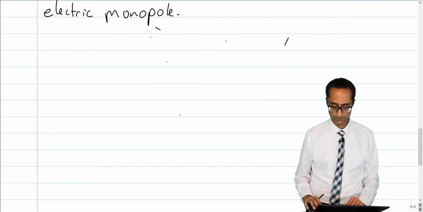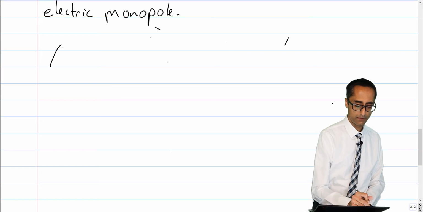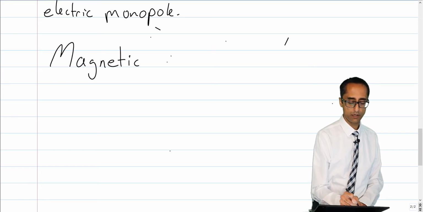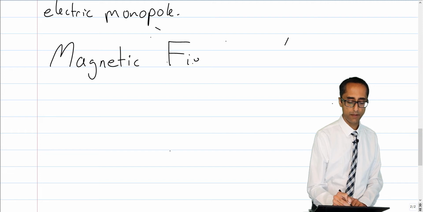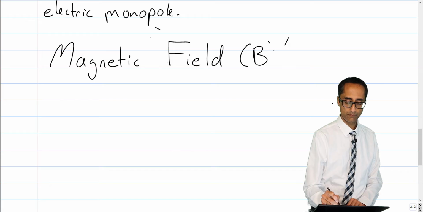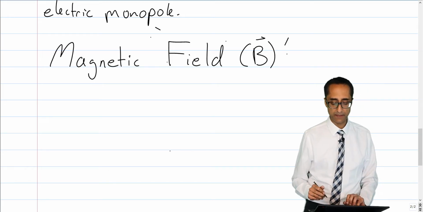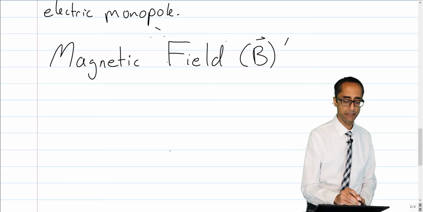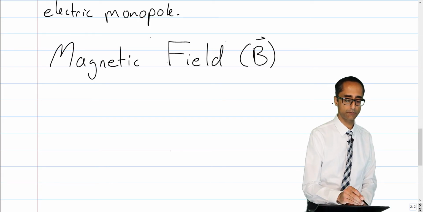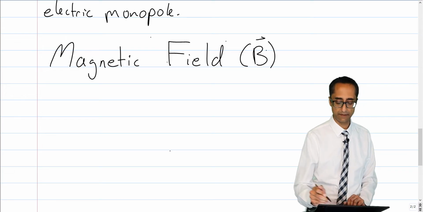And so, what are some properties of the magnetic field given by the capital letter B? We use capital E for electric field. We're using capital B for magnetic field.